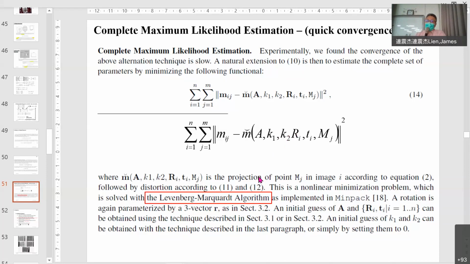Compared with gradient descent, this method has a better result in finding the global minimum. LM method or EM method compared with gradient descent have a better result to find the global minimum.